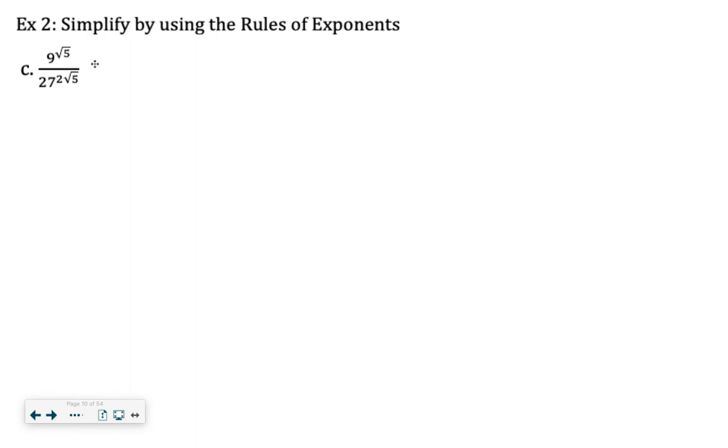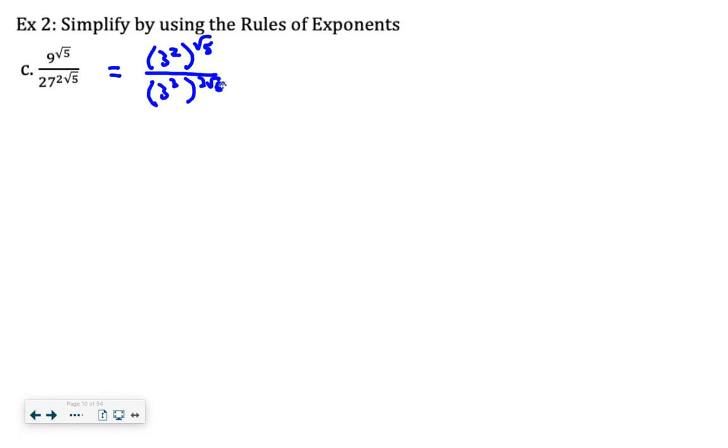So I could actually rewrite this as 3 squared to the square root of 5. Right? I just replaced 9 with 3 squared. And 27, I can rewrite as 3 to the third power. And that would be to the 2 square root of 5.